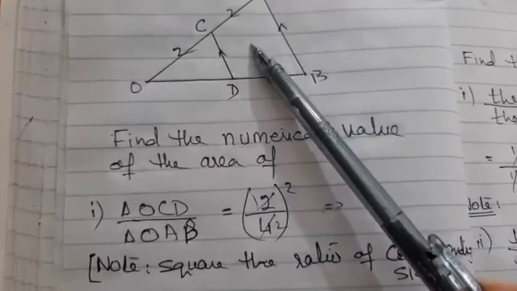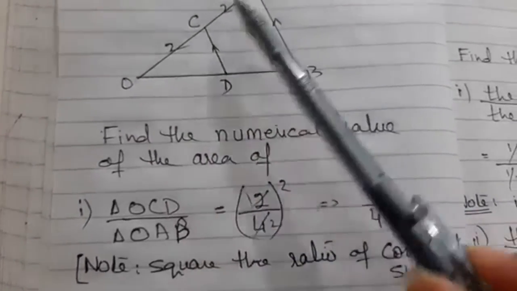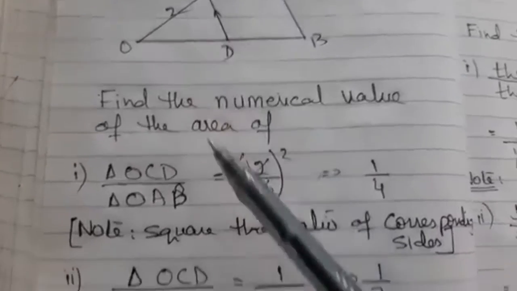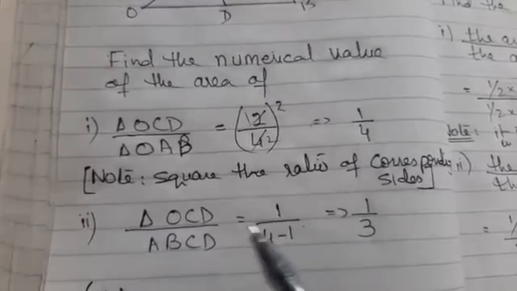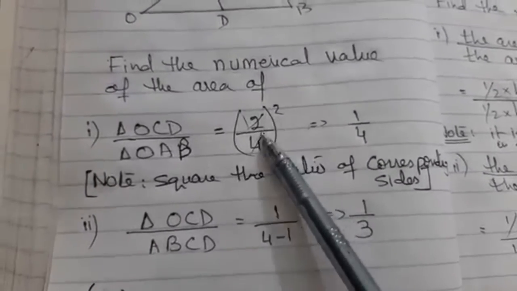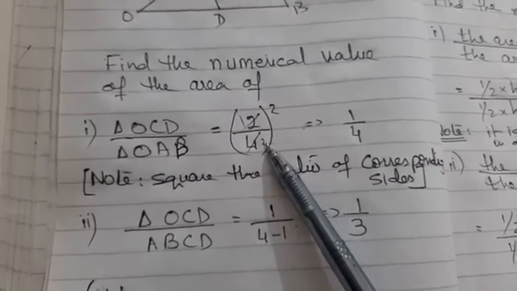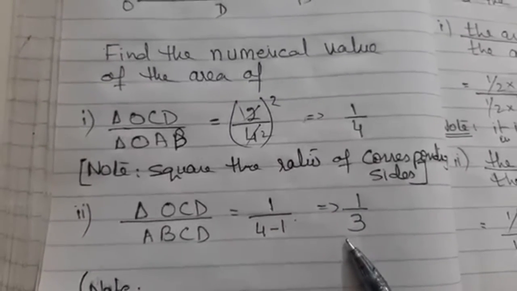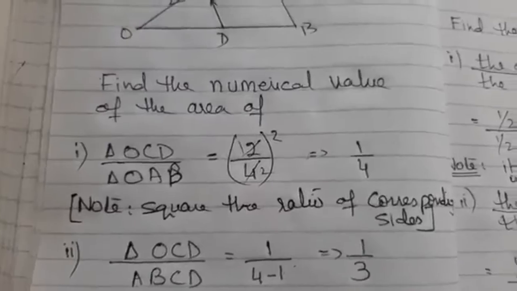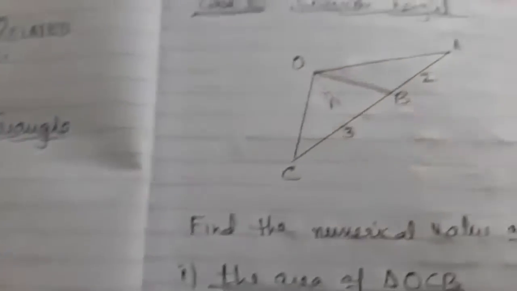So if I have to find this, I will do 4 minus 1. So when I find the ratio of this, I will do 1 over 4 minus 1. To do this step, you have to find the ratio of similar triangles first of all. Only then you will be able to do it, and you will not square it now. Remember this. So the first case is done, which is about similar triangles.